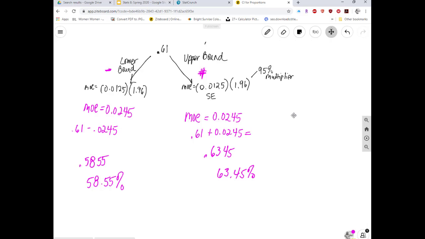However, we can say with 95% certainty that the true population proportion exists between 58.55% and 63.45%. Okay? We think it's 61%. Not sure, right? There's error. But we can say with 95% certainty that if it's not 61, it's somewhere in between here. It's between 58.55% and 63.45%.